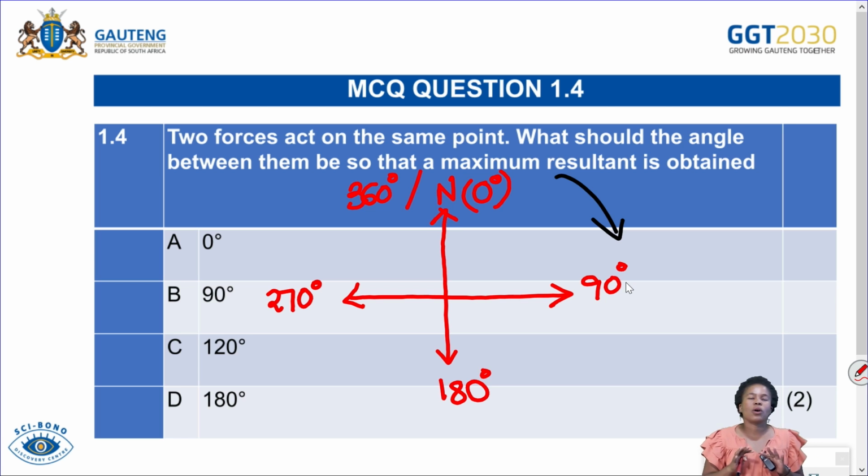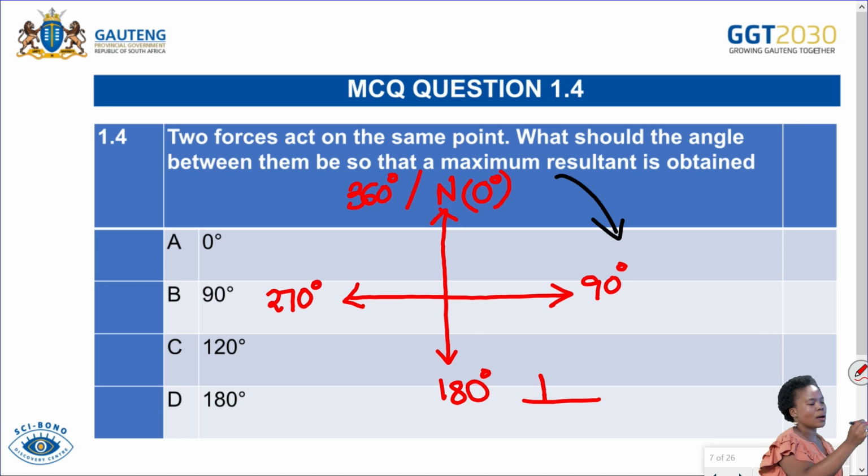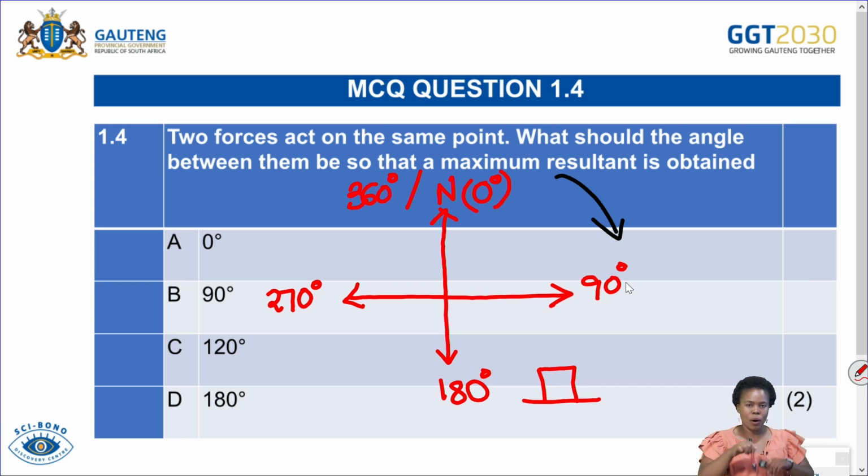So when both the forces are acting at one point and we want to have the maximum, that means they have to be going in the same direction. If they are acting at 90, they both need to be there. So there shouldn't be an angle in between them. Why are we saying that? I'm going to make this object a box.